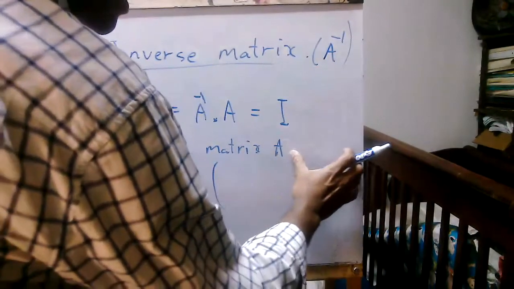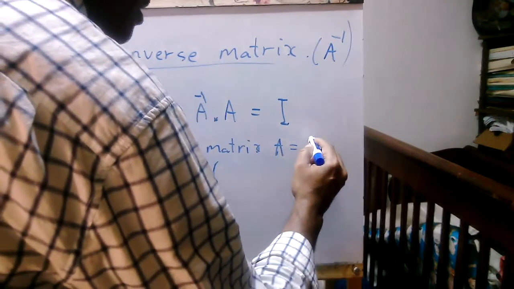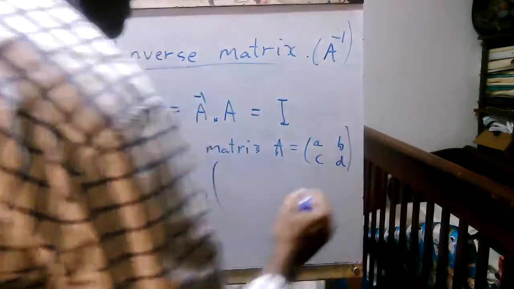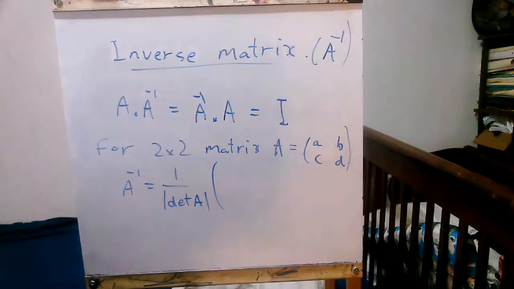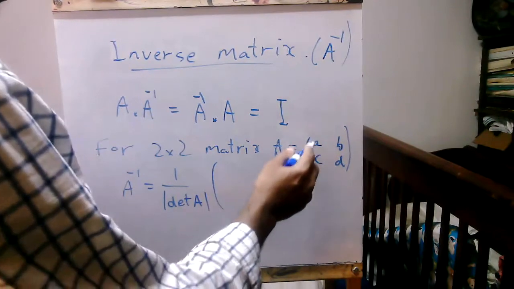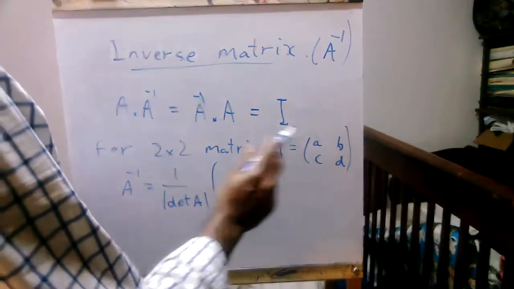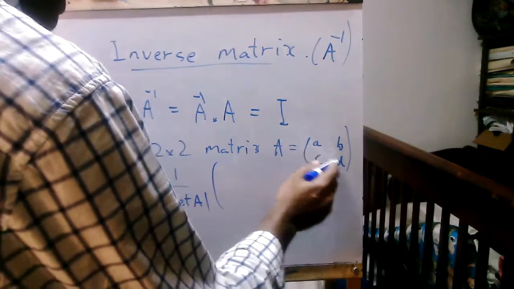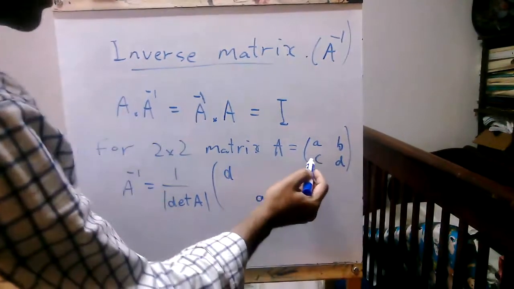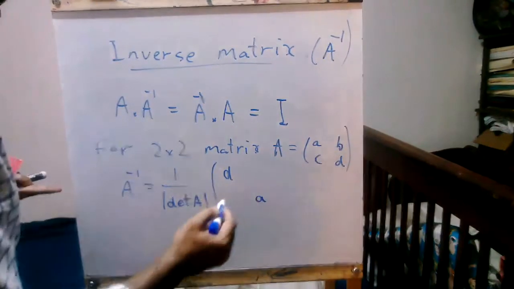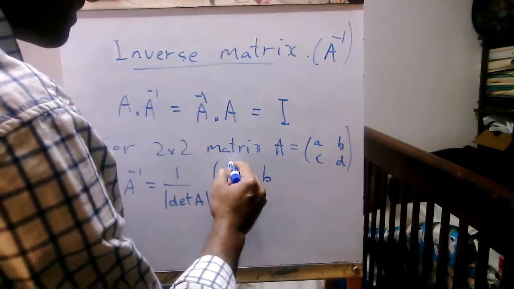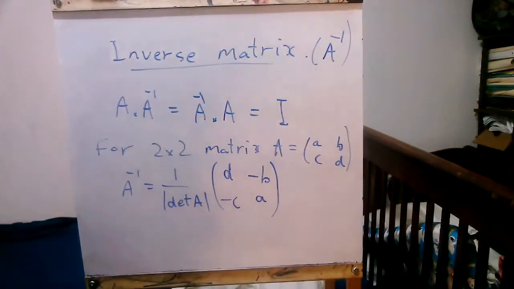Let's get an example. Say this is A, B, C, D, times, here we interchange these two, A and D. We write D here, A here, and we change signs of these two, negative C and negative B, right?